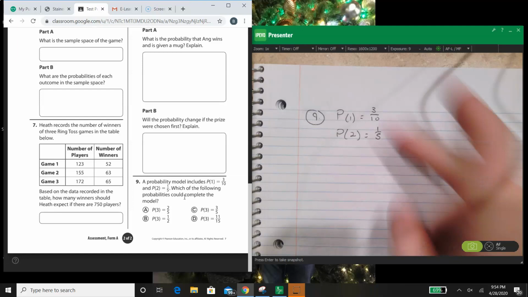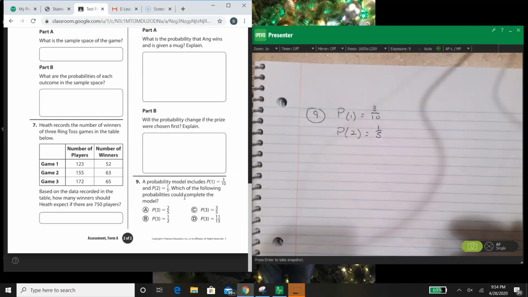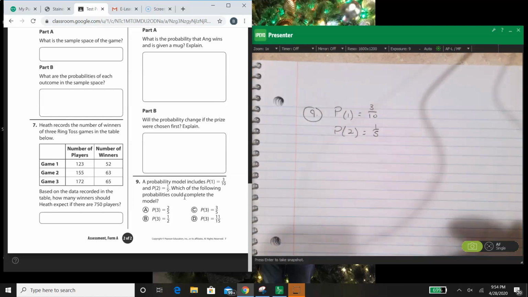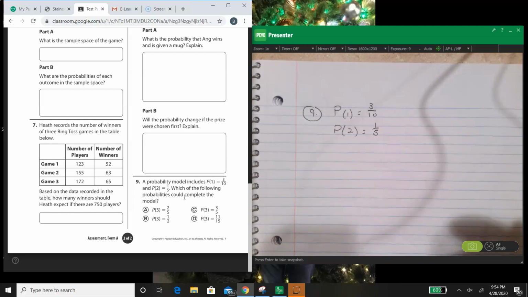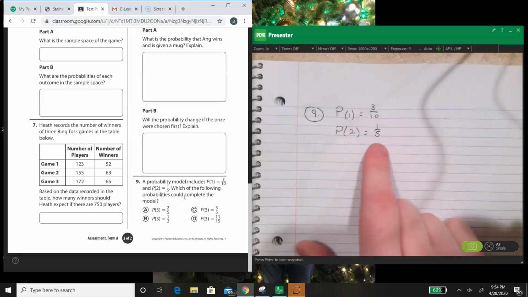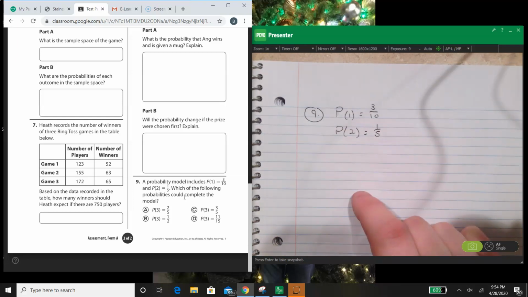Now, something guys, that I noticed without any knowledge on this question, and maybe you're completely confused and lost on it, is that right off the bat, I can tell that something's not right here. I want to get my fractions where they're the exact same. One has a 10 in the denominator, the other one has a 5 in the denominator. I want to get them where they have like bases.